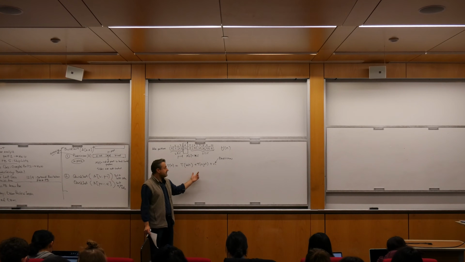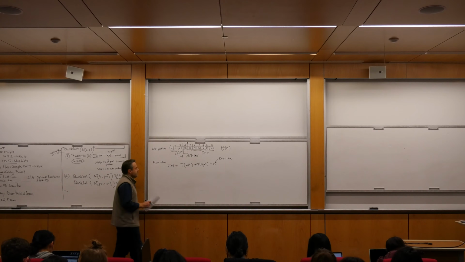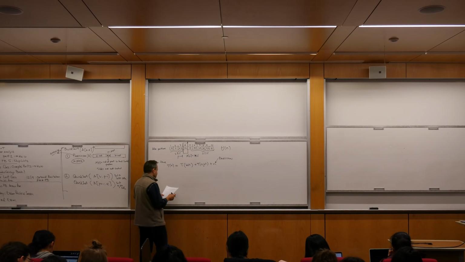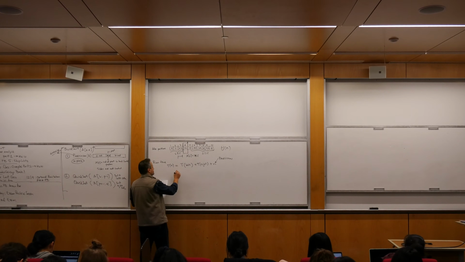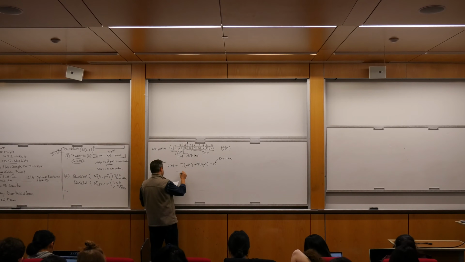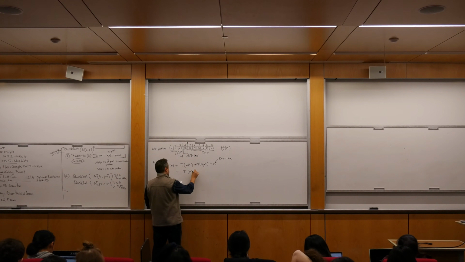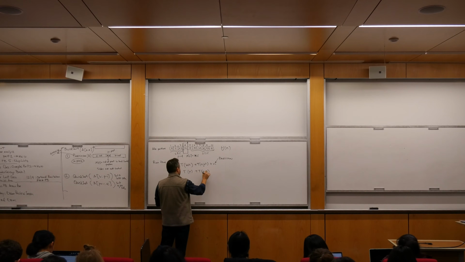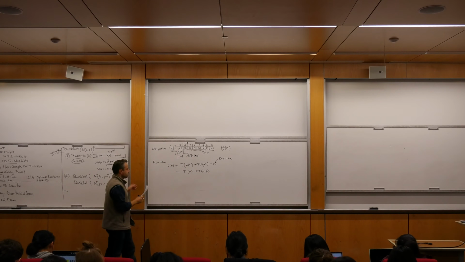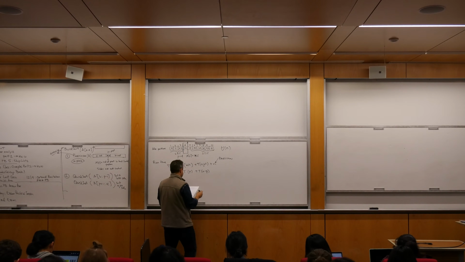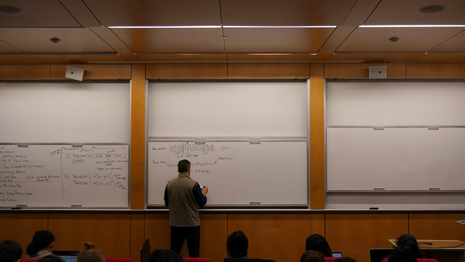Since T is the runtime, it would be T of the left to be how much time it takes to do the left. Now, in principle, that would be something like T of P plus T of n minus P, I'm skipping the plus 1 and minus 1s, plus n.